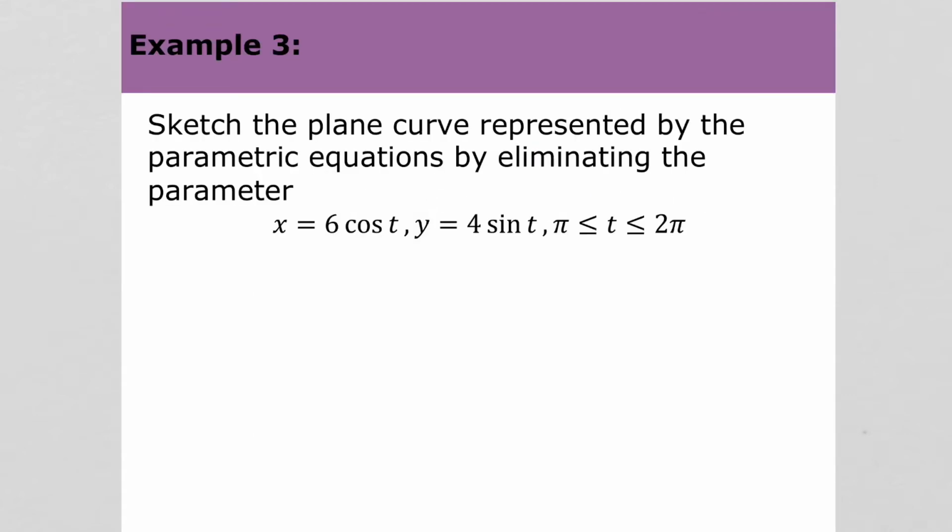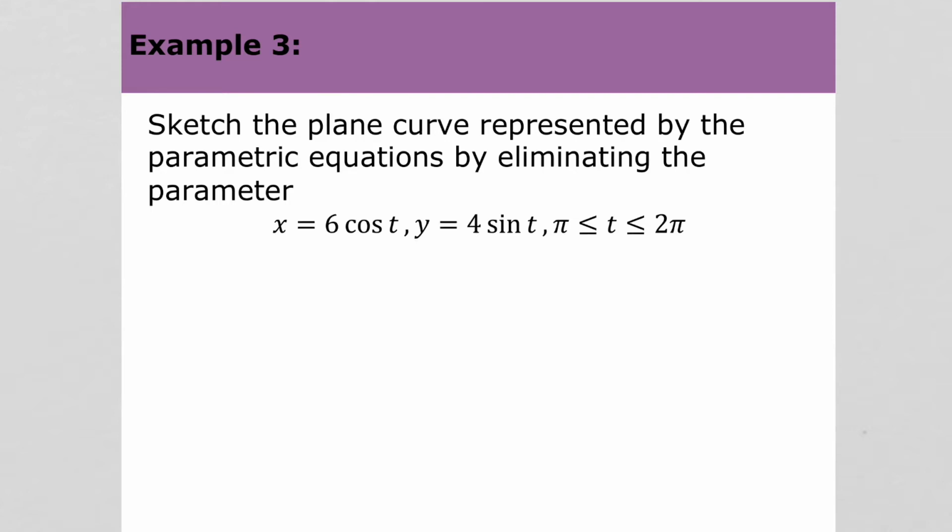Example 3 says sketch the plane curve represented by the parametric equations by eliminating the parameter. So we're going to do the same thing we did before in idea, and we need to find some way to get rid of the t.